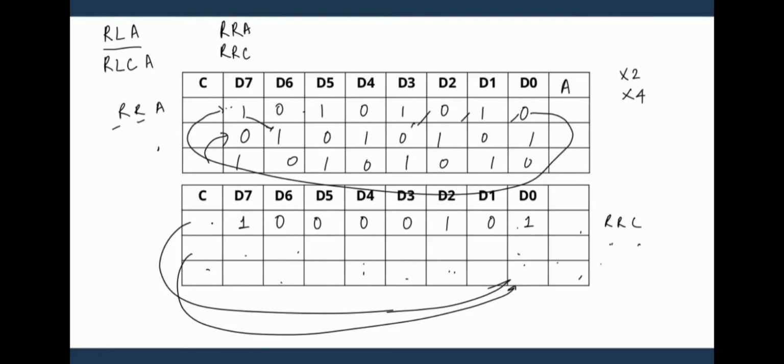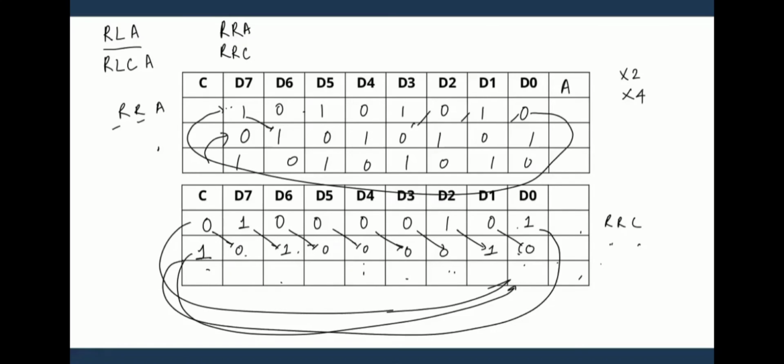But if we are using RRC, then what will be the value? What is the value in the carry? It moves to the D7th bit. D7 becomes D6, D6 becomes D5, like that. And what is in the D0th position? It moves to the carry flag register, so it becomes 1 in this case.